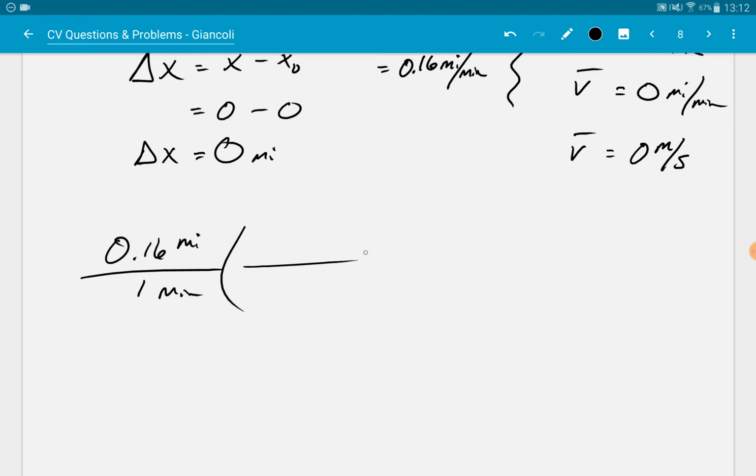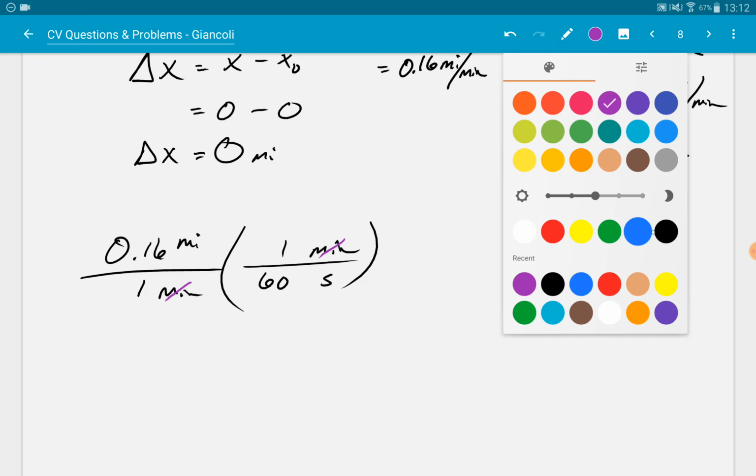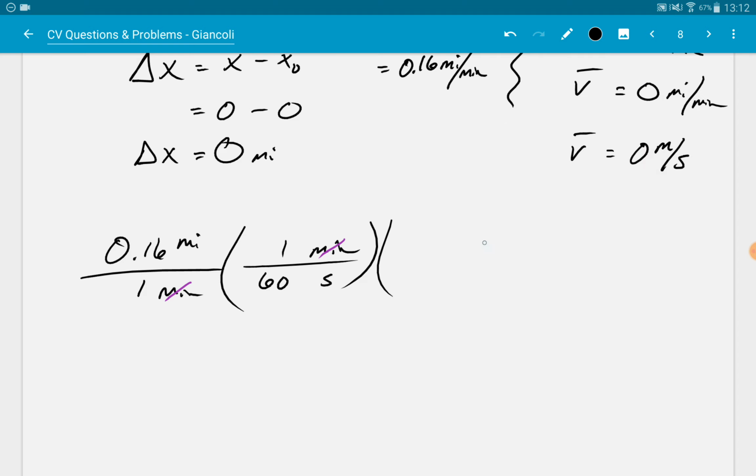I'm going to take care of the minutes first. I know how many seconds are in 1 minute. That's nice. So now my minutes cancel out, and I'm in miles per second. And from the previous question, I know how many meters are in 1 mile, because I looked it up.